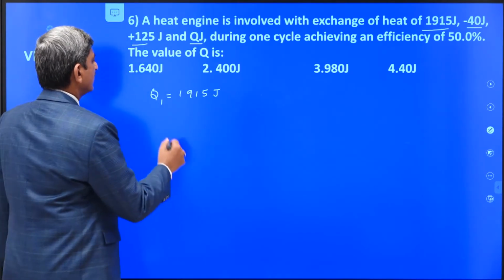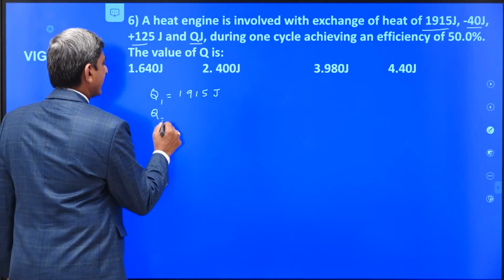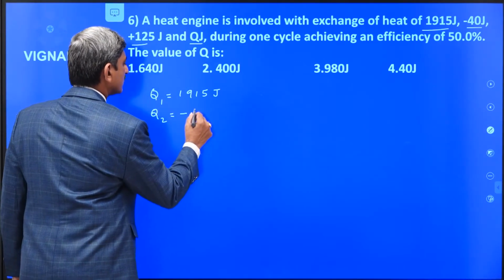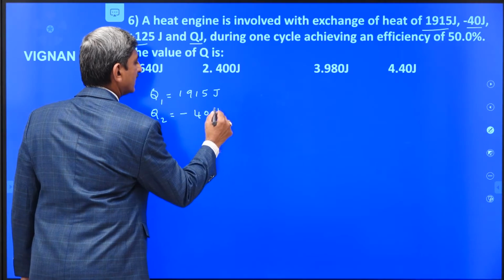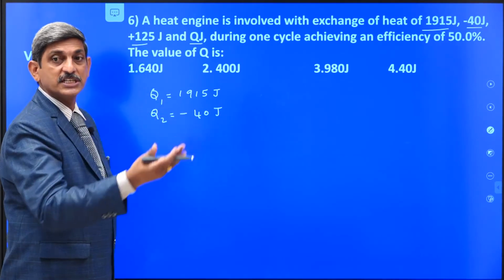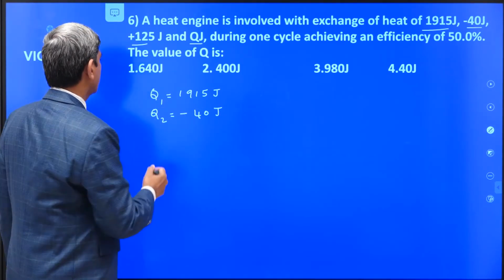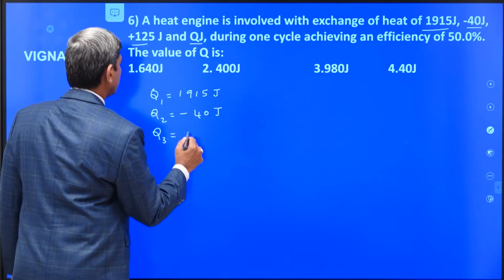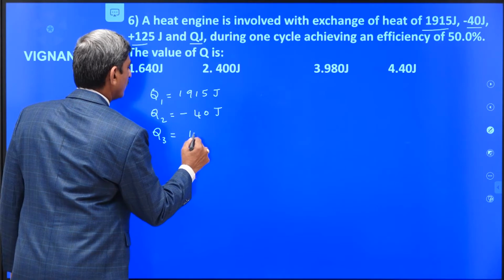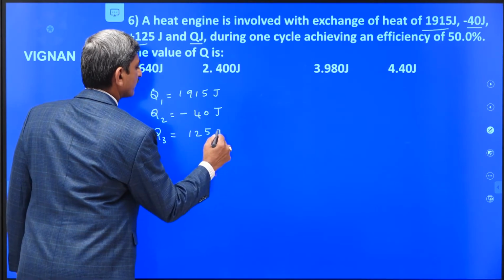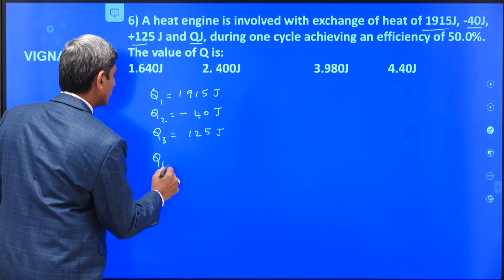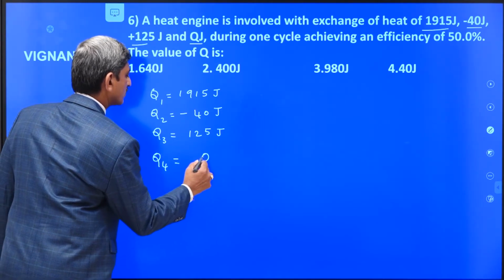In the second process, the heat is minus 40 joules, which means it loses heat energy to the surroundings. In the third process, the heat Q3 is equal to 125 joules. And in the fourth process, Q4 is equal to Q joules.